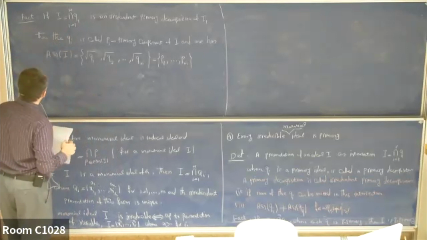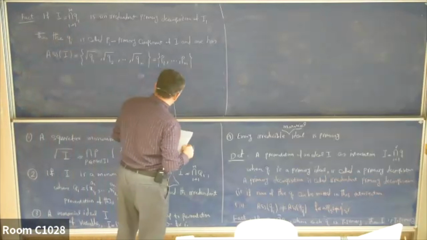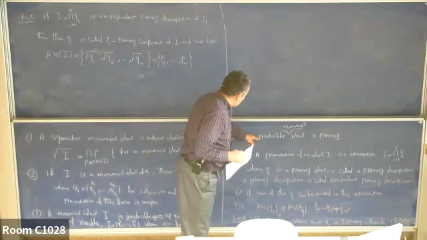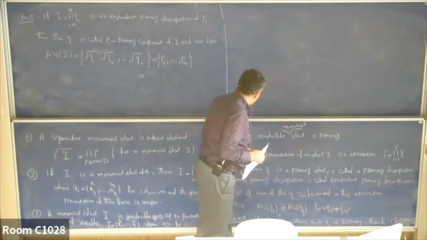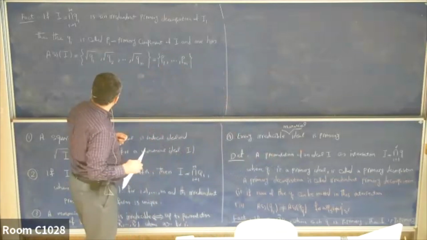the primary decomposition has one difference from irreducible. We know that every irreducible ideal is primary, but every primary ideal is not irreducible. We will see some examples.